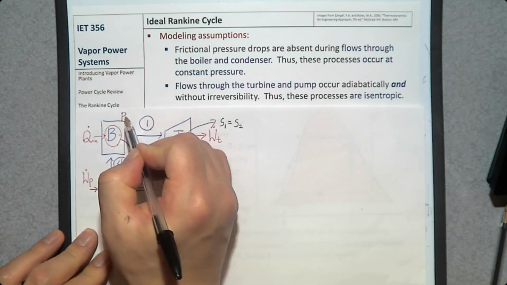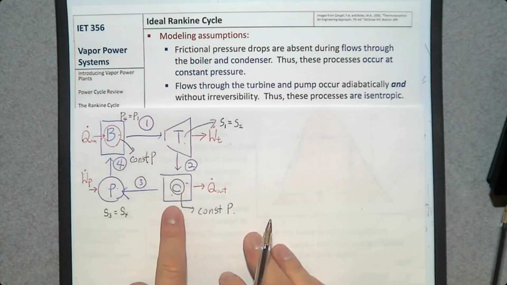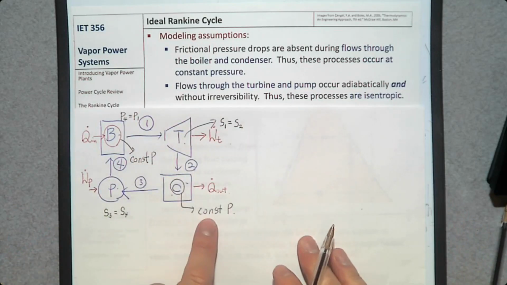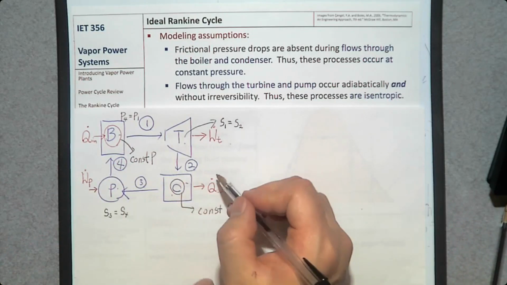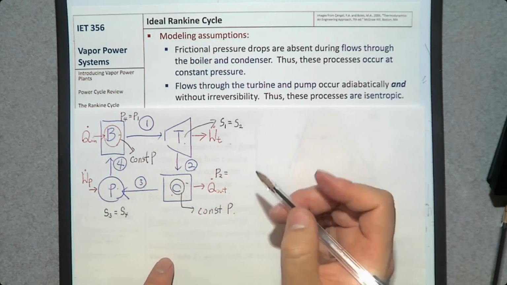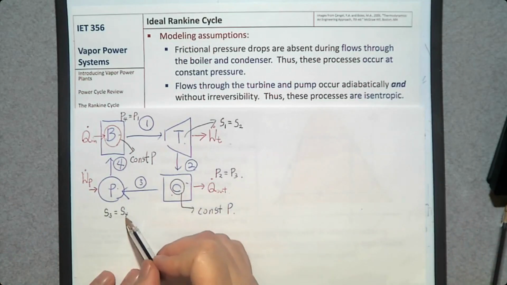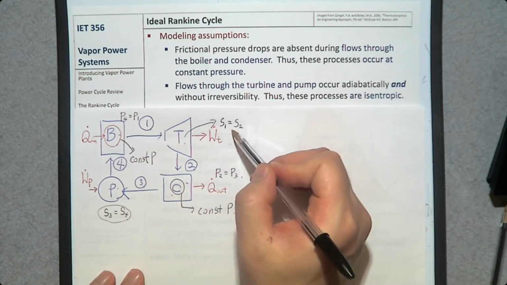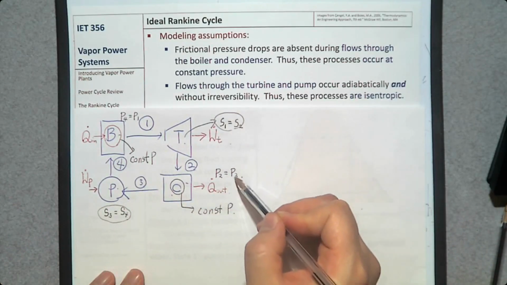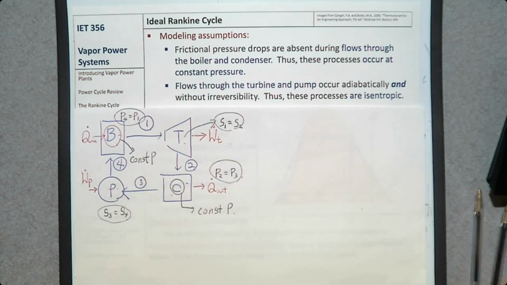So P4 is the same as P1. And this condenser is also a constant pressure condenser, so the inlet pressure P2 is the same as the exit pressure P3. So isentropic pump, isentropic turbine, constant pressure condenser, constant pressure boiler.